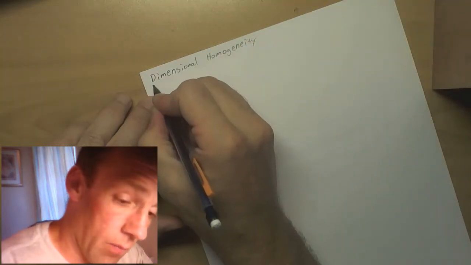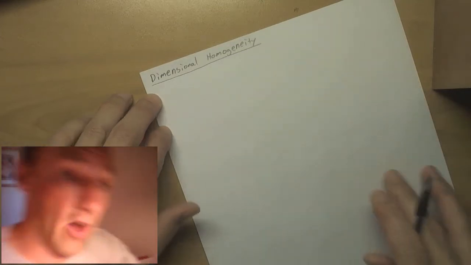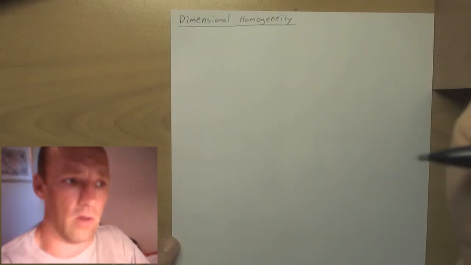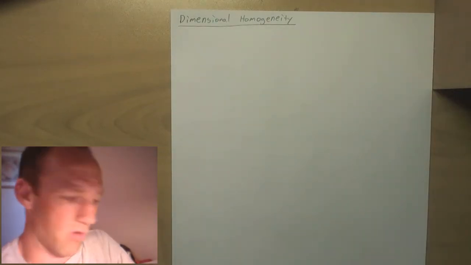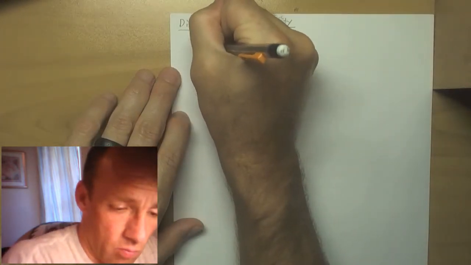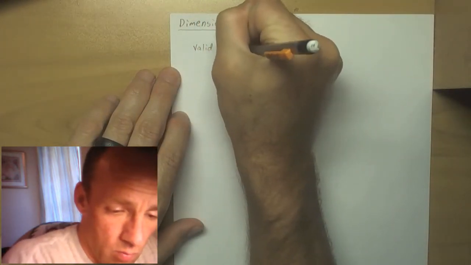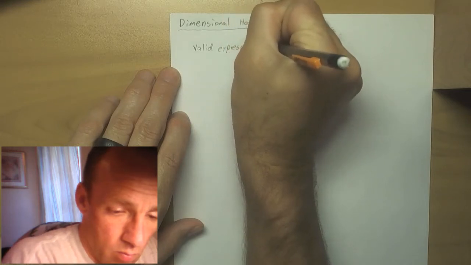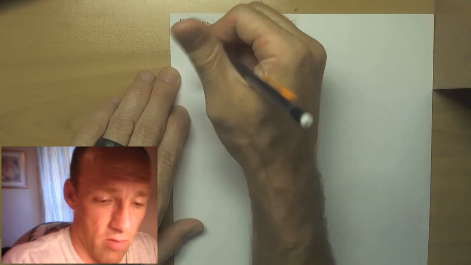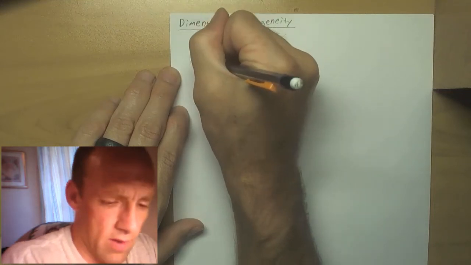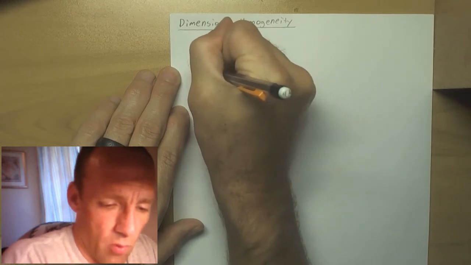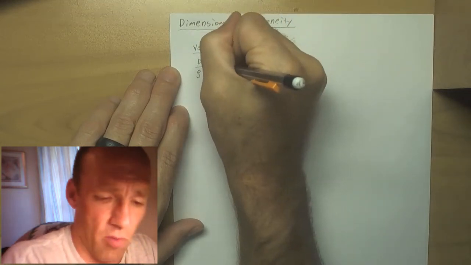All right, and what that means is that all terms in the equation have to agree as far as units are concerned. Okay, so here's a valid expression. You may recognize this as the Bernoulli equation. Maybe you've seen it, at least one form of the Bernoulli equation. You probably saw something like it in physics.